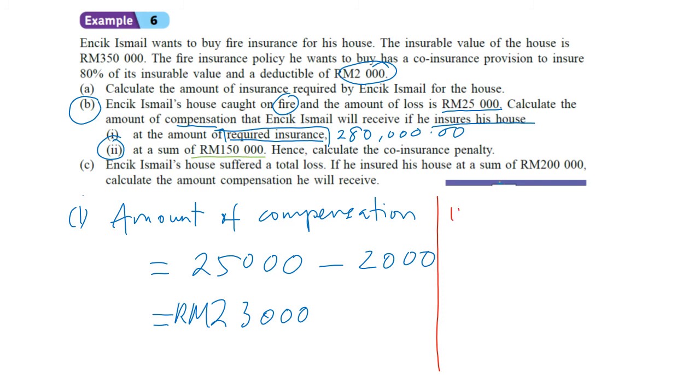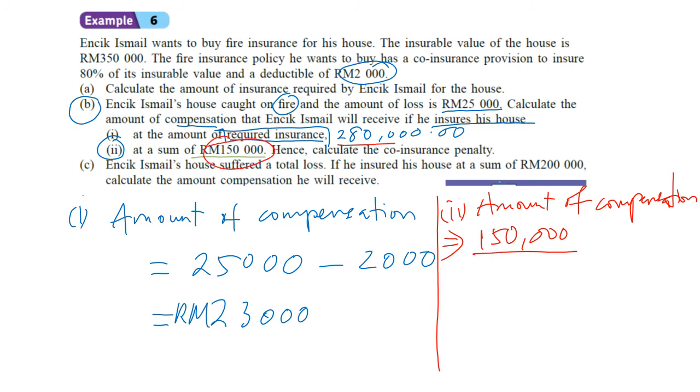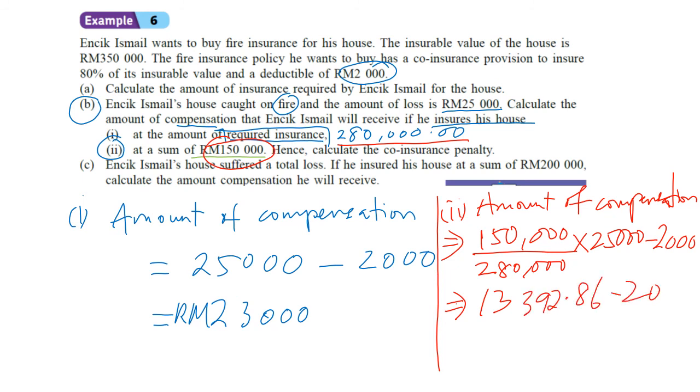The amount of compensation will be the insured amount, 150,000, divided by the required amount to be insured, and then times the loss, 25,000, minus the deductible of 2,000. What you get is 13,392.86 minus 2,000.